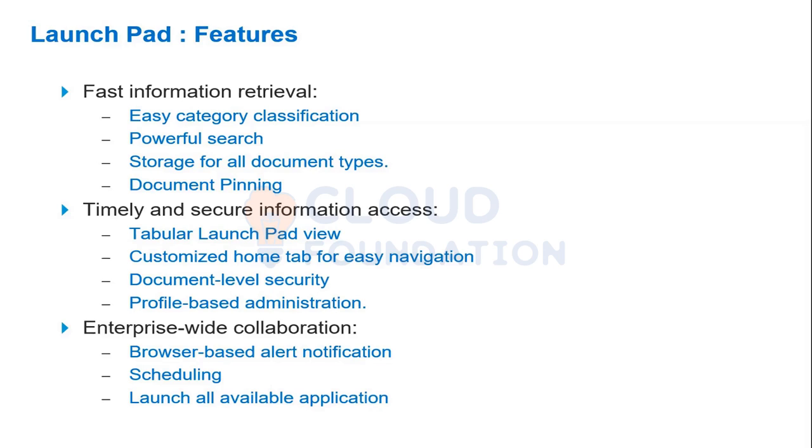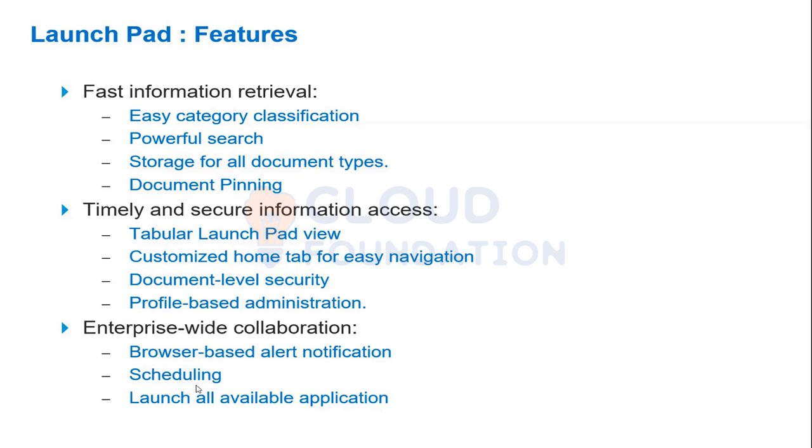We set the cycle, the frequency of the report refresh, and it will run every week by itself automatically. The report will be saved in the repository or sent to the user's mail ID.